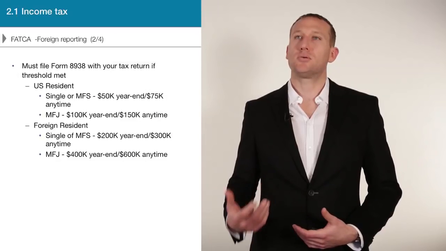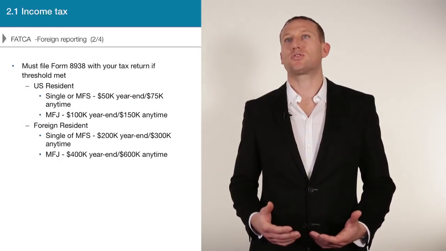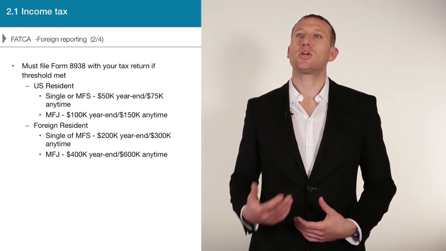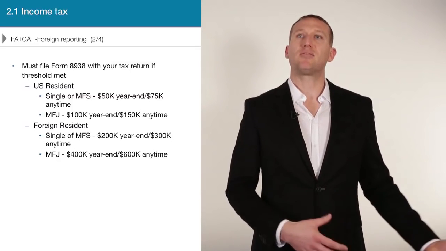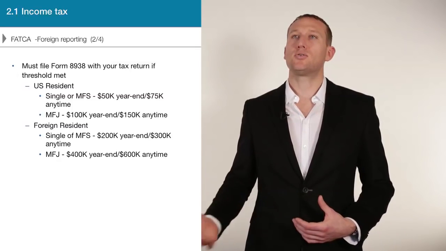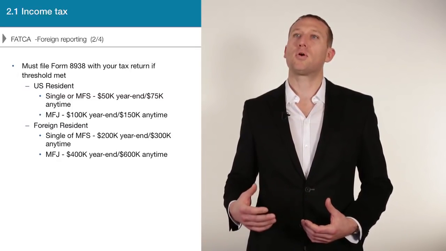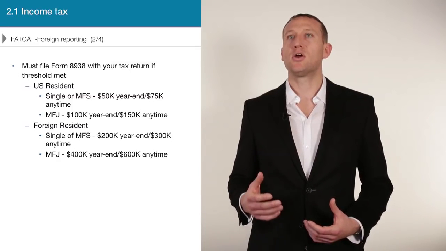In order to comply with FATCA, you have to file Form 8938 with your tax return. If you're a U.S. resident, that means a U.S. citizen or resident living in the United States, and you're single, you're required to do the FATCA reporting if your foreign financial assets exceeded $50,000 at the end of the year or $75,000 at any point during the year.